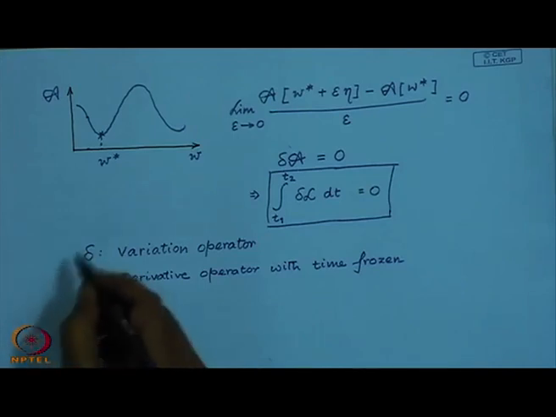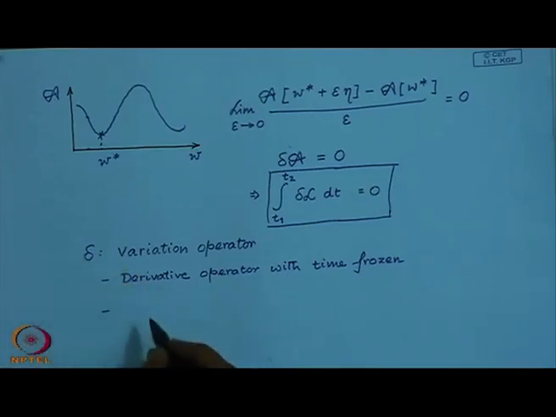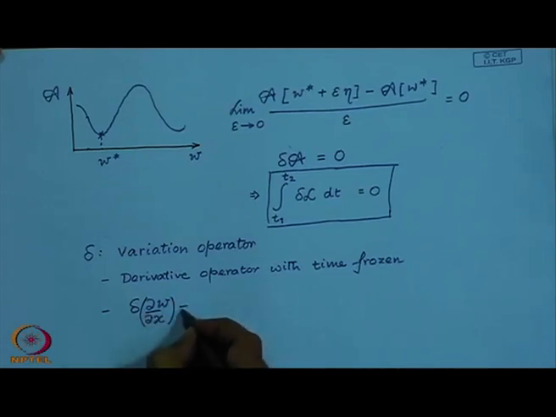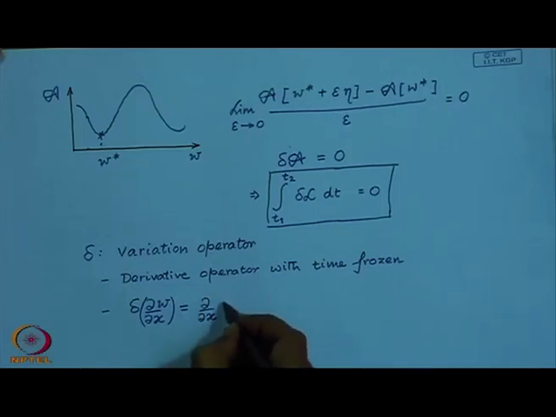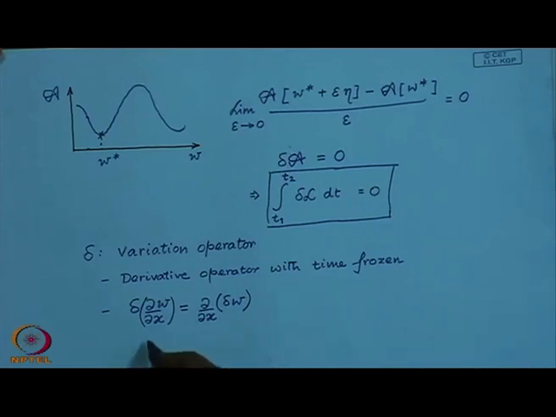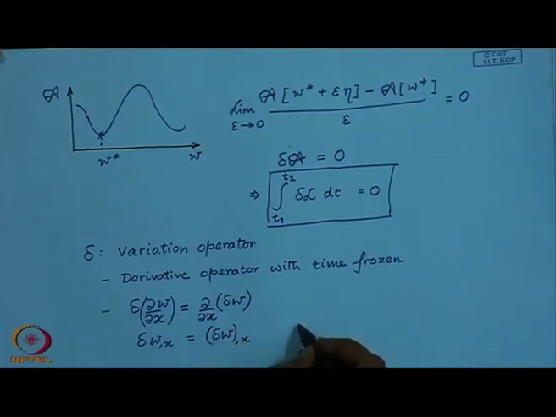The second property of this operator that we will assume is that this operator commutes with partial derivatives, which is to say, suppose you have partial derivative of w with respect to x and you operate delta over this, then this can be written as, so in our notation we will be writing, and similarly.